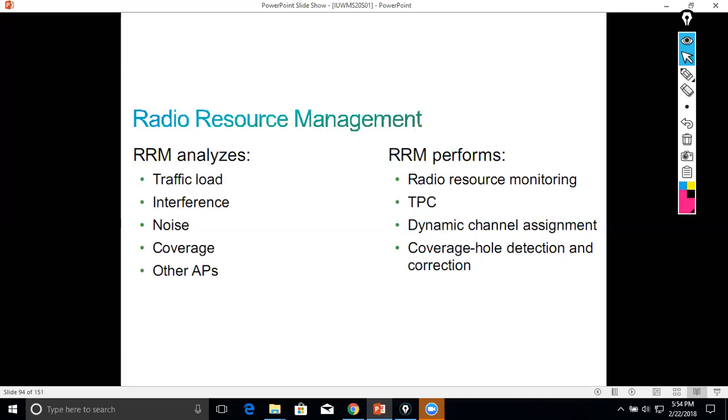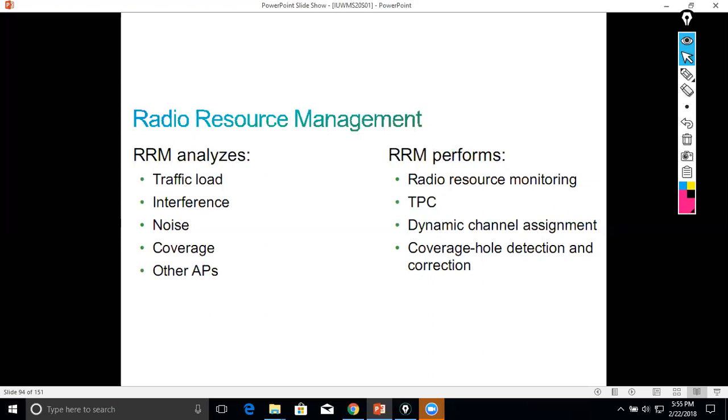In short, what is radio resource management? Radio means the antenna that is speaking with the client. It has real-time information about your wireless, your Wi-Fi, and resource management. Whatever it listens to from the antenna, it gives to the controller, and the controller takes decisions accordingly. That's RRM.